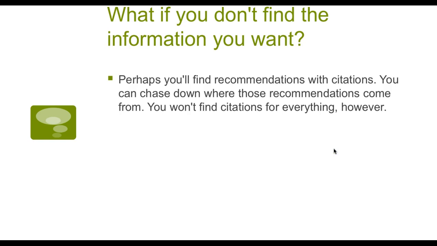So what if you don't find the information you want? Sometimes that's going to happen, unfortunately. Maybe you find instead a theoretical article, and that theoretical article includes some citations. I'd go look at some of those citations. You're not going to find citations for everything, though.